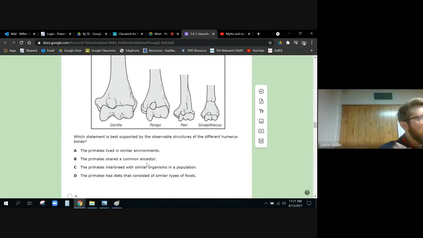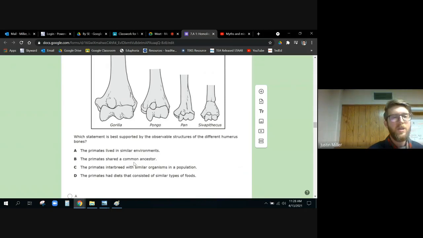Because you're related, but a little bit further back, and the further back you go, the less similar you appear. The same is true for homologous structures. The more closely they match, the more closely related you are. So these four things, while they're not the same, are very closely related, and they do share a common ancestor.